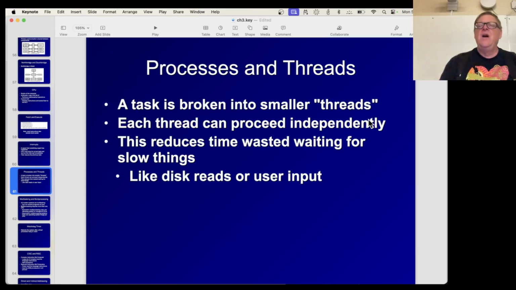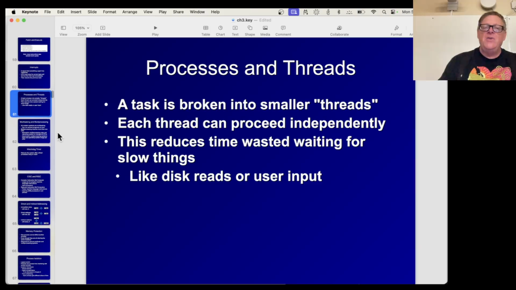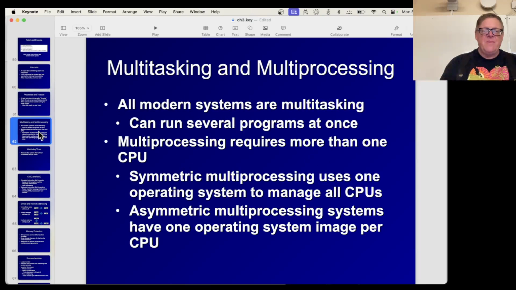So they try to prevent this wasted time waiting for slow things as much as possible, and multi-threading is one of the techniques to prevent that. Even if some thread is waiting for something slow, maybe some other thread is not waiting and it can move ahead in the meantime. And the multitasking, all modern computers are multitasking. They can run several programs at once, but actually there's time sharing between them, a few cycles for this one, a few cycles for that one, but to the user it looks like they're all running at once.